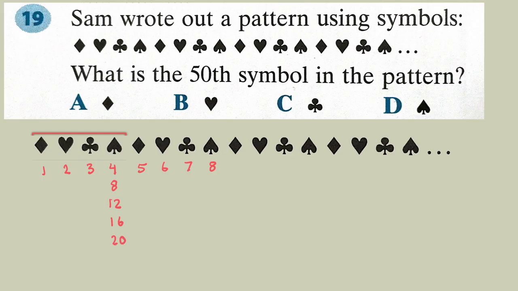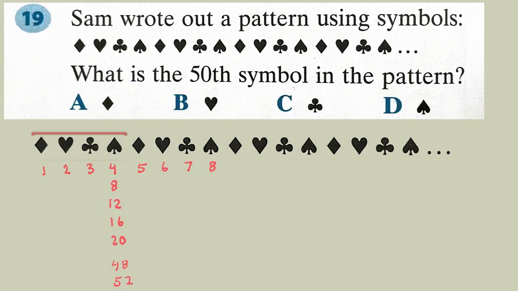Now we want the 50th symbol, so we can continue with that and say 24, 28, 32, any number that's divisible by 4. And the one around the 50th would be 48, and then 52.